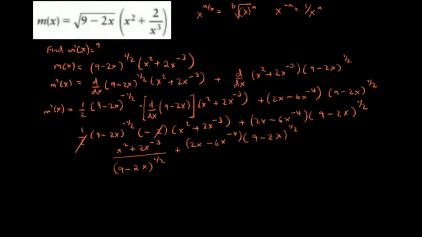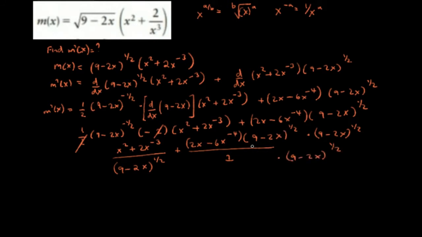So if we're simplifying this as much as possible, we can understand that this is to the power of 1. In order for us to combine these functions, you need to make sure the denominators are the same. So what you could do here is multiply this by 9 minus 2x to the power 1/2, and do the same thing for the denominator here.